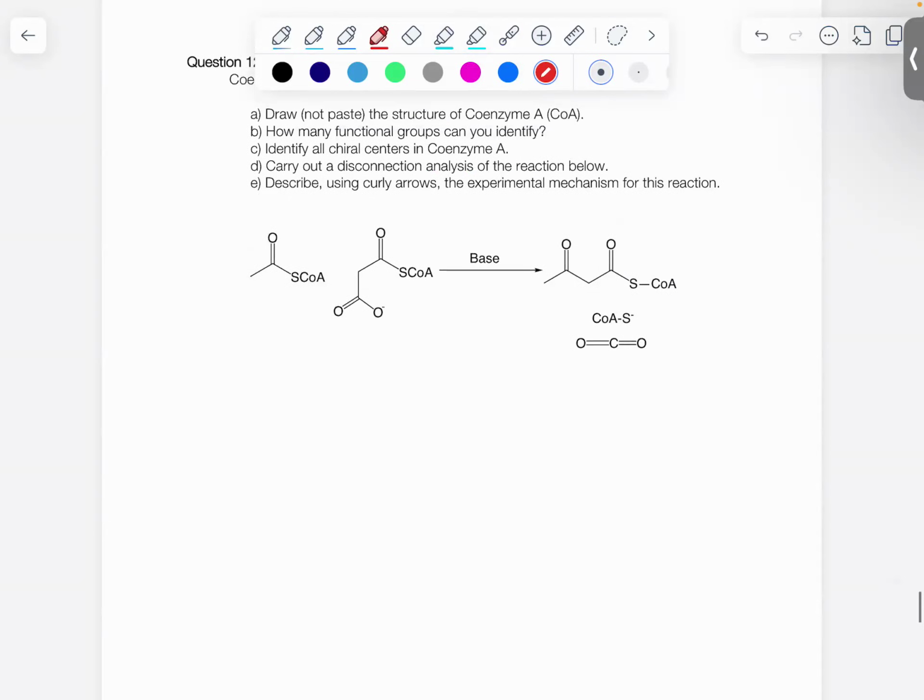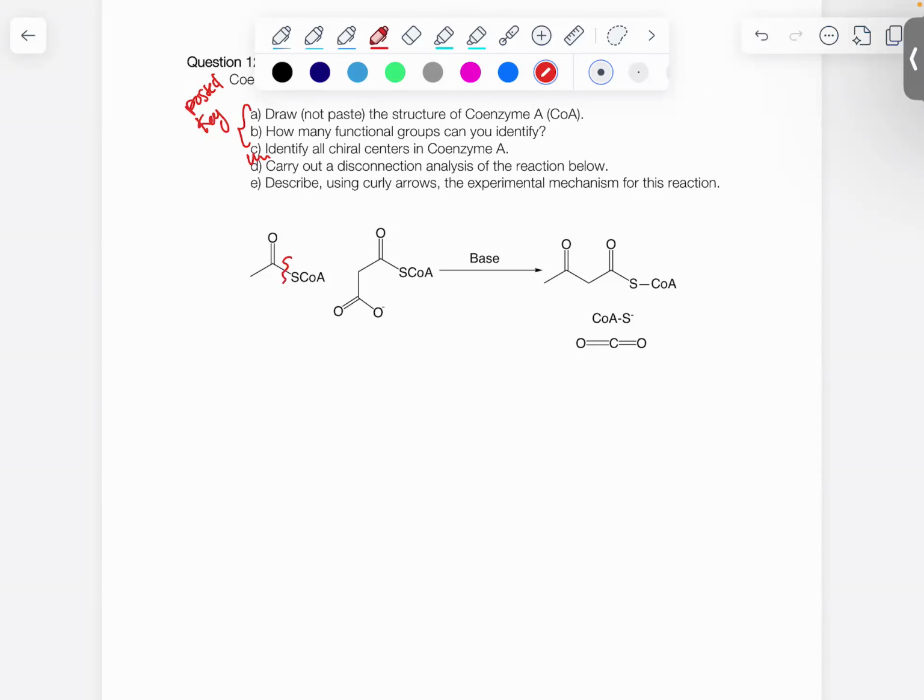I'm going to skip right to part D. A through C, you can check the posted key. And if you have questions, feel free to reach out.